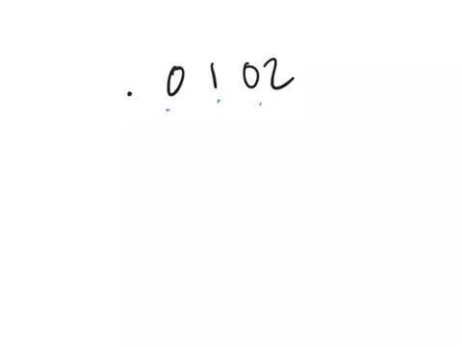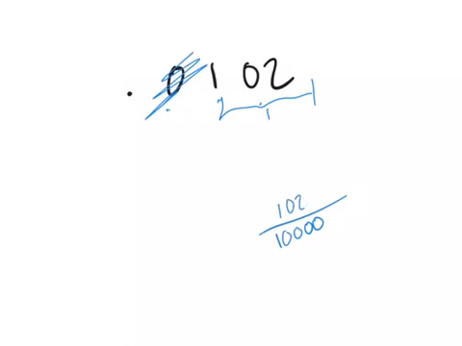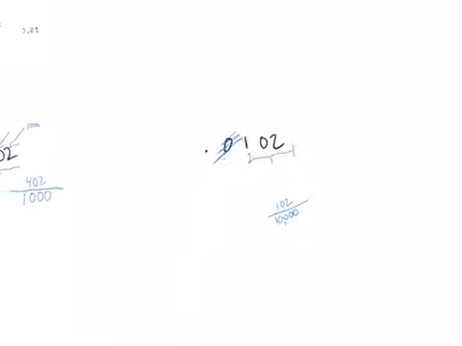So I have 4 digits, so I need to write 4 zeros. My next step is to put a 1 in front of those. And my next step is to write the number above it. And this is the only number that I need to worry about right here. Okay? This 0 doesn't matter. Alright, 1, 0, 2. Okay? So it's 102/10,000.